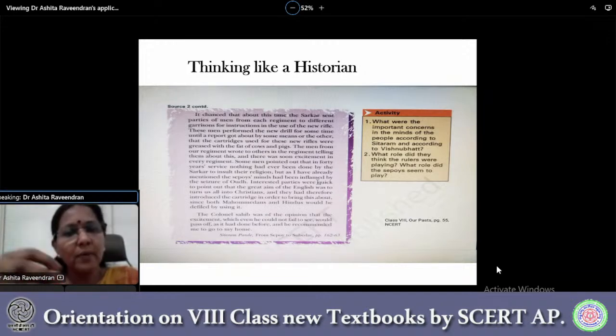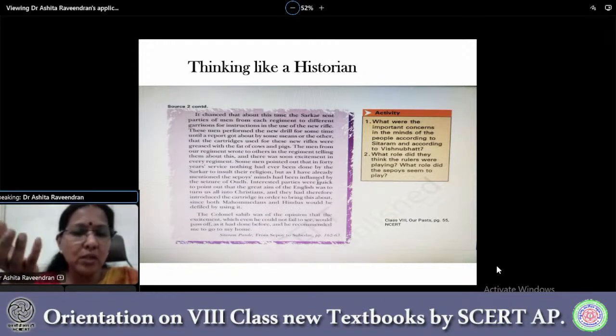It is related to the cartridge in the 1857 revolt, where the fat of cows and pigs had been used in the cartridges. This information was given to the people, and the sepoys started to feel bad and revolted because it affected their religious sentiments.